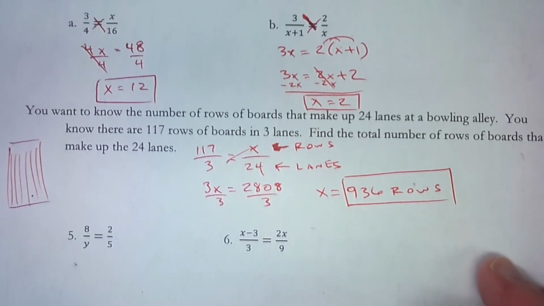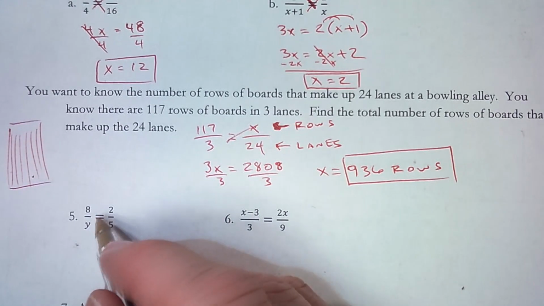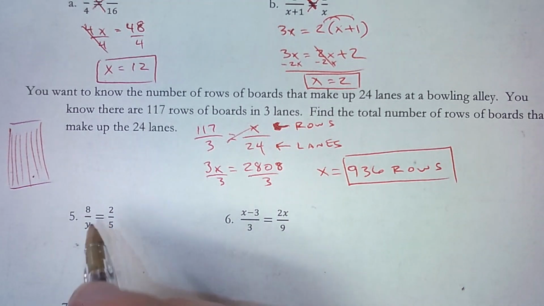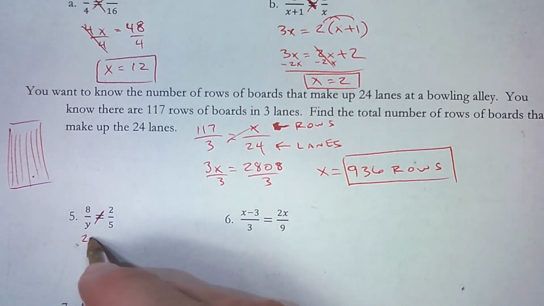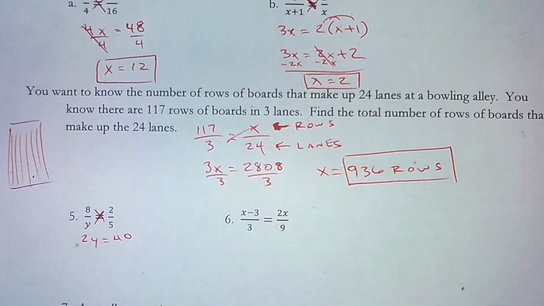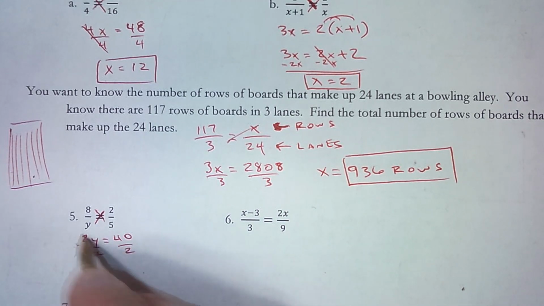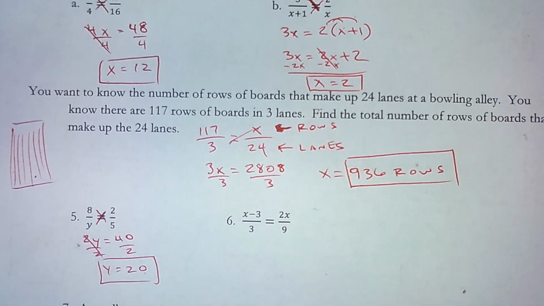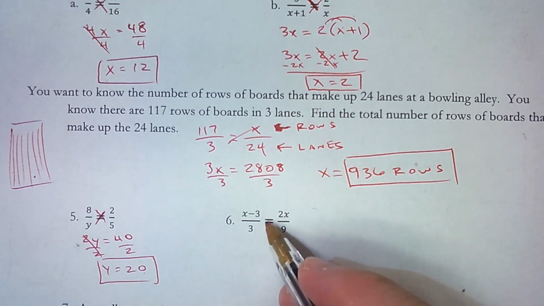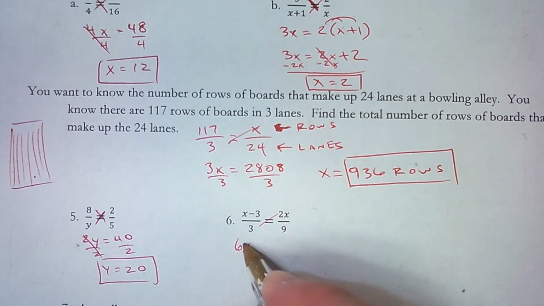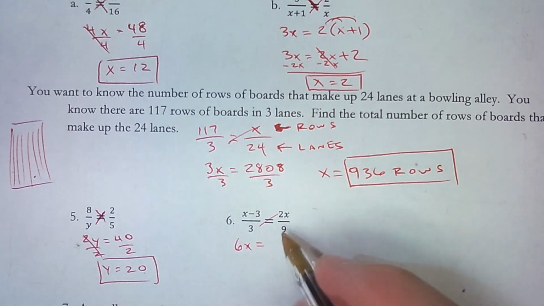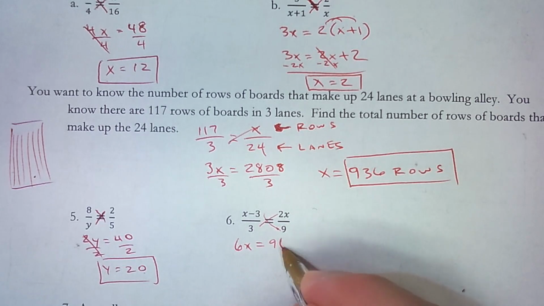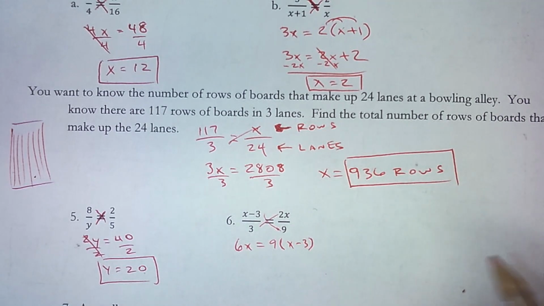Okay, a few more practice problems and we will be finished. So we've got a proportion here. We'll cross multiply. 2 times y. 8 times 5 is 40. And divide by 2, so y is 20. Here we have 3 times 2x, that's 6x, and 9 times x minus 3.